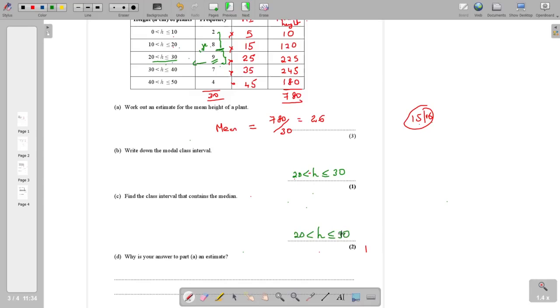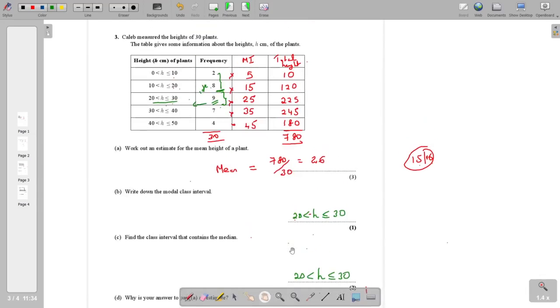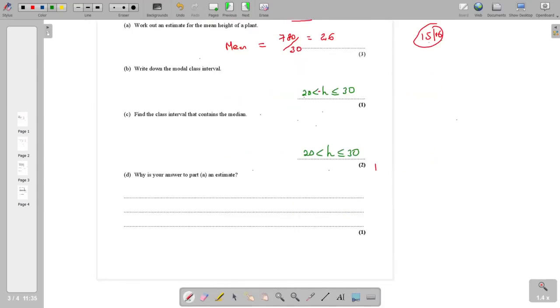Why is your answer to part A an estimate? We know why it's an estimate because what we did was to find the total height for individual group, we went for the middle number. We found the midpoint of the group. So we need to explain that for a mark.